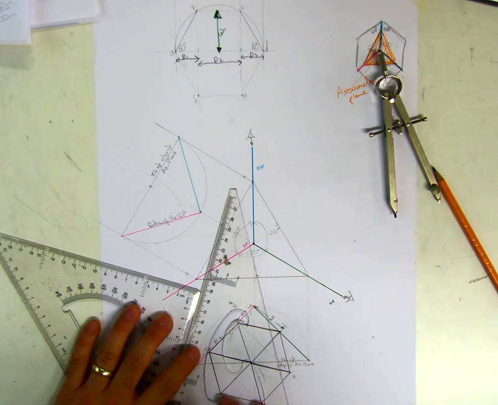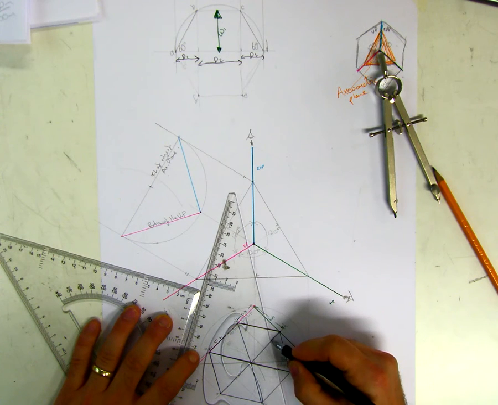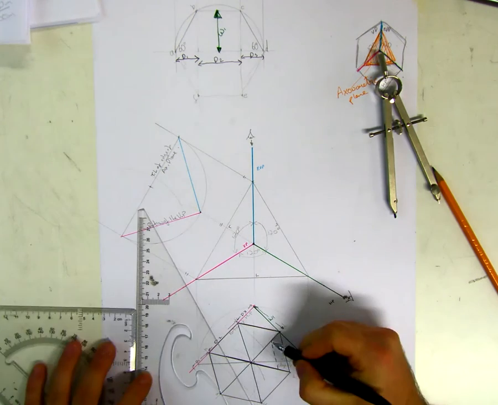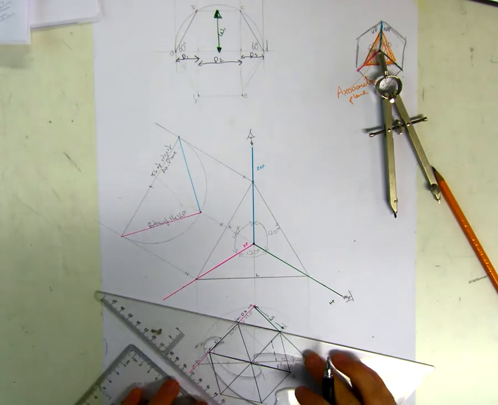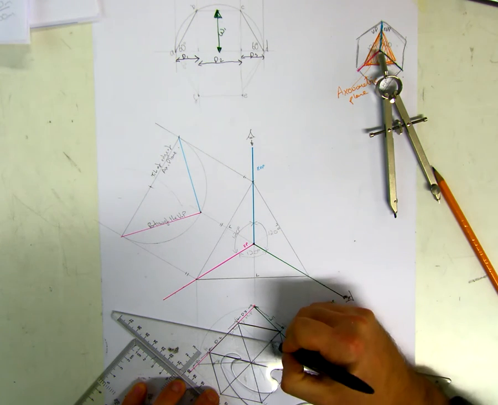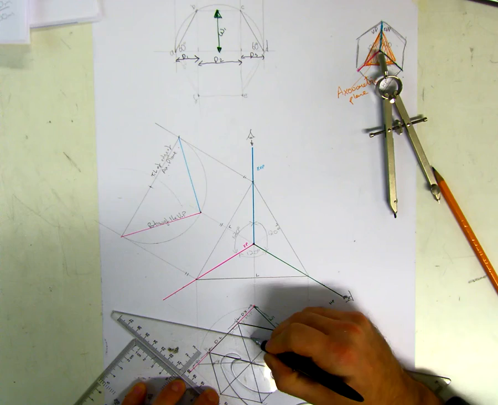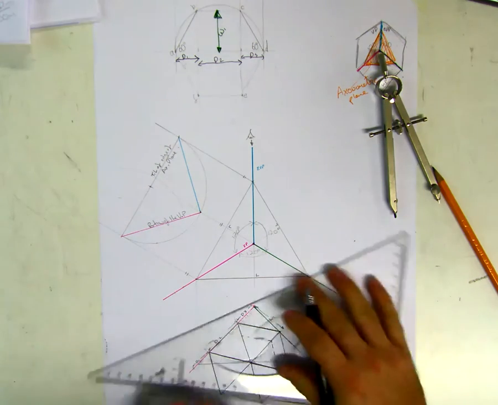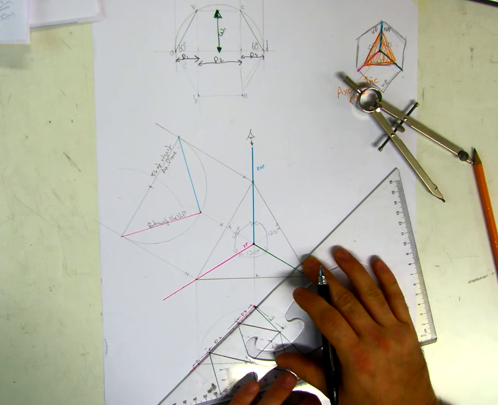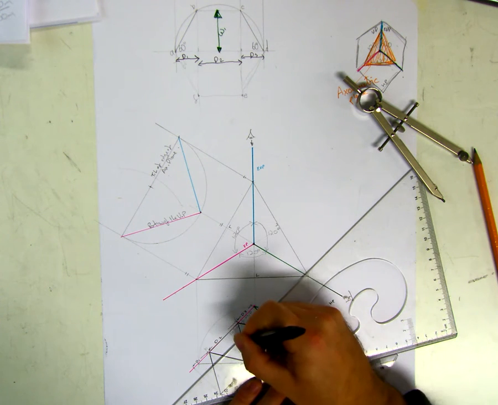So we set up parallel there, put in our hidden detail. Where that touches there, we'll give you the distance for the next one. So we get that parallel. Next one then is going to be parallel also. All the way around.